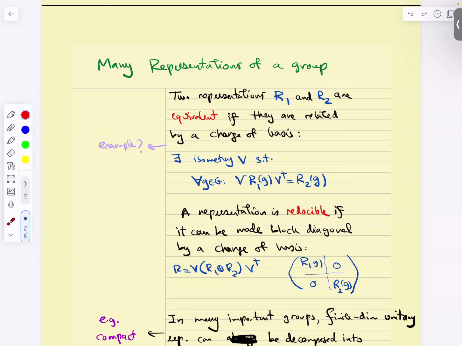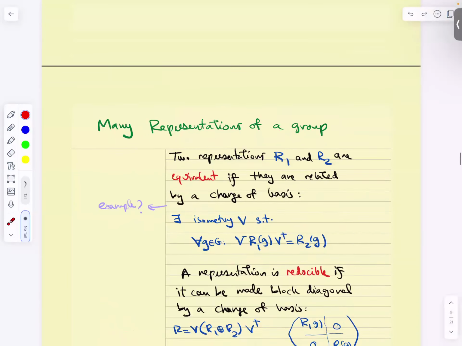If I have a representation R1 of G and R2 of G, direct summing them clearly is a representation, right? Hopefully that's clear. So if your representation is unitarily equivalent to that, then it's called a reducible representation.